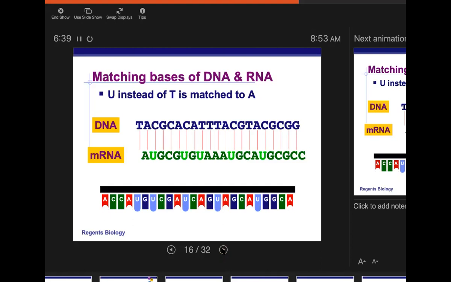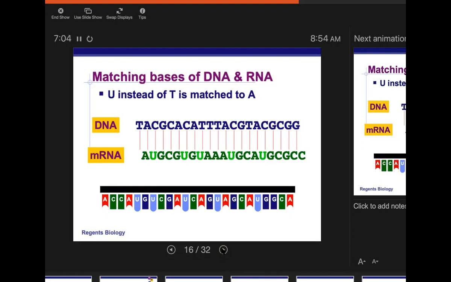Now, even if you didn't know that this was made during transcription, if you looked at this single-stranded molecule, how could you tell that it's RNA and not DNA? There are two big things that should stand out to you. Milan? Exactly. It has uracil instead of thymine. That's one.